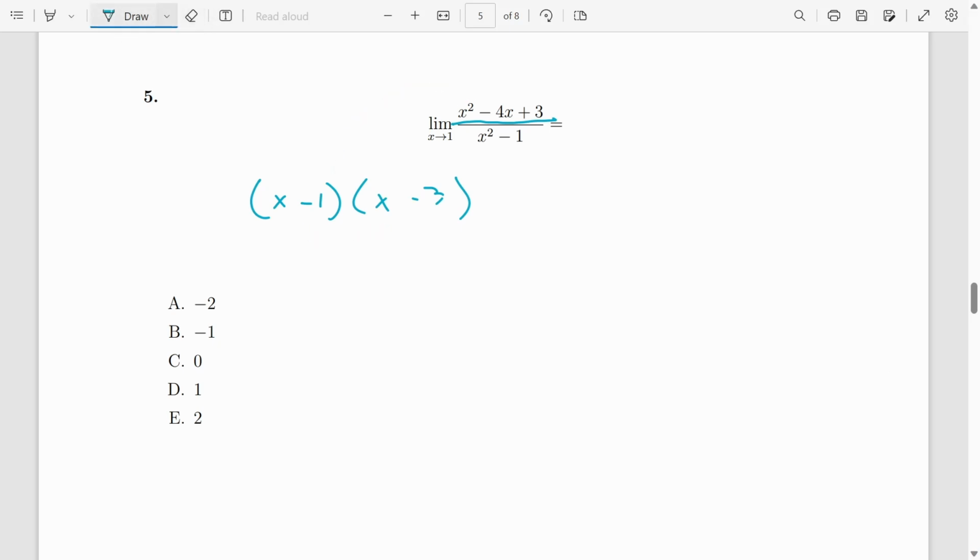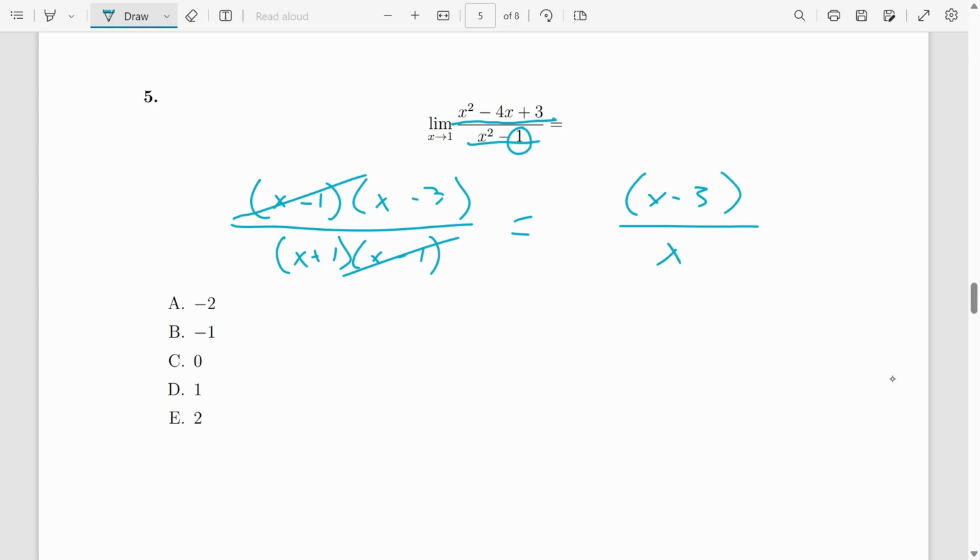And then the bottom is a difference of squares where it's x plus 1, x minus 1, where it's this number square root. And then both the top and the bottom both have this x minus 1, so we cross both of those out and we're just left with x minus 3 over x plus 1.